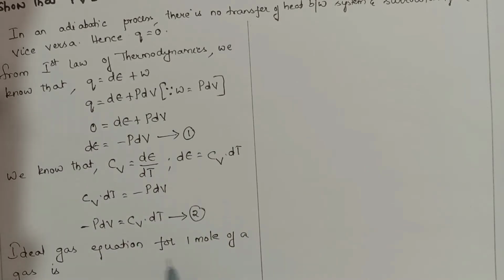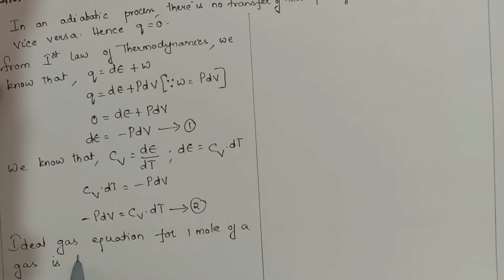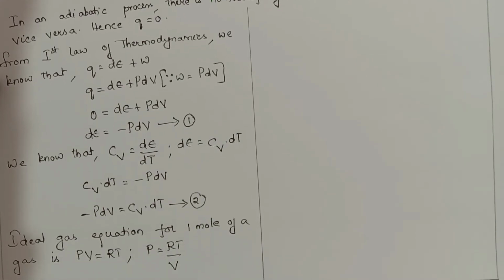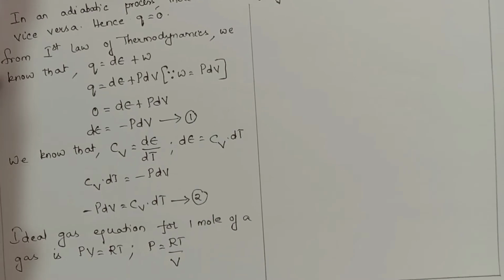Very good. PV equals to RT. Now, from this PV equals to RT, P value will be equal to RT by V. Is it clear? Have you written, students? P is equal to RT by V.